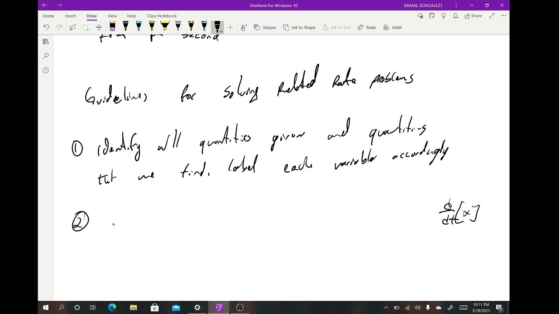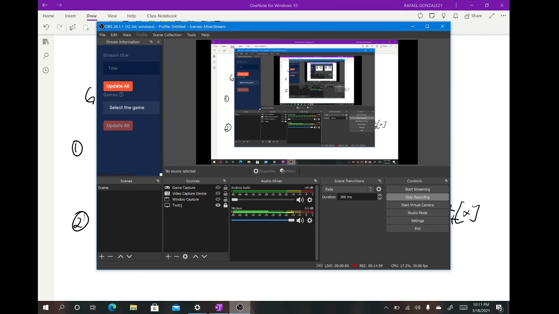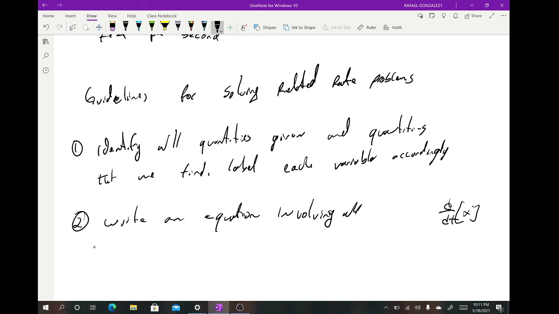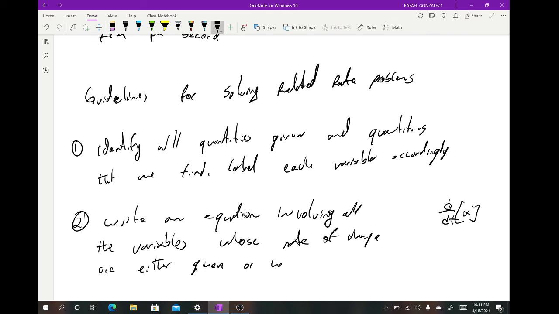Number 2, and probably the most important part of every one of these problems, is to write an equation that involves all the variables whose rate of change are either given or need to be found.